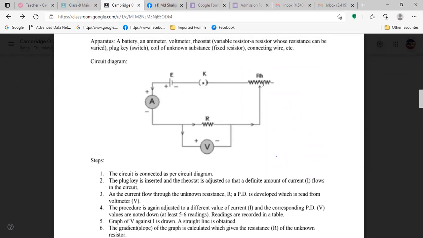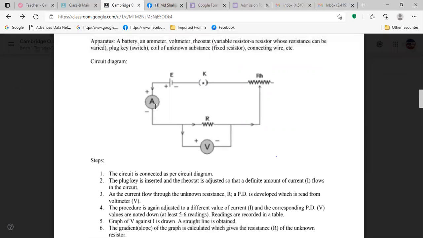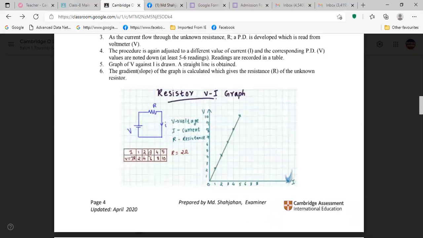When we slide it left, the resistance of the rheostat is less. Got it? Yes, sir. If the resistance is less, the current will be more in the circuit, right? And when current is more, the voltage across this resistor is also more. That is shown here in this data.